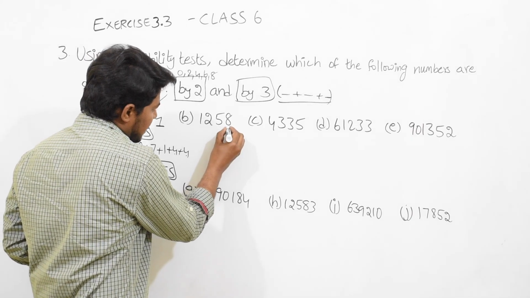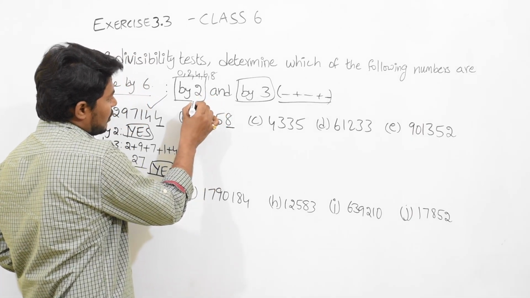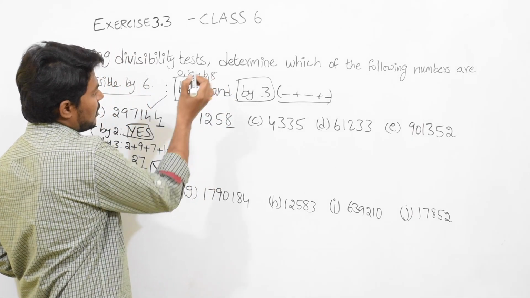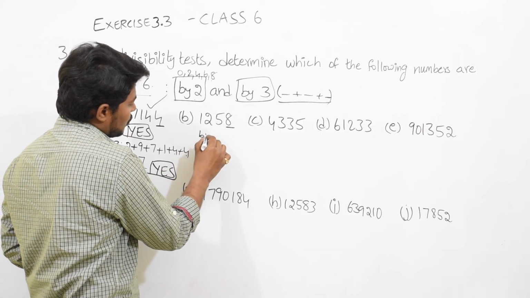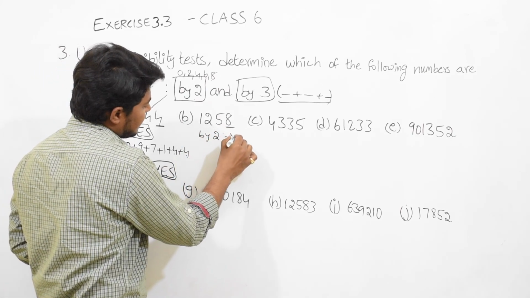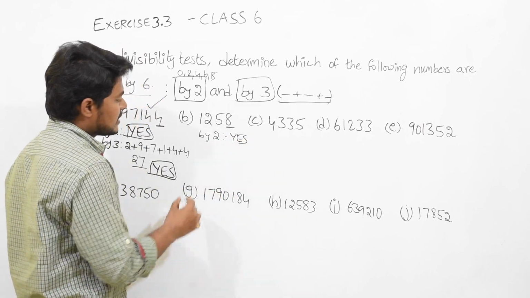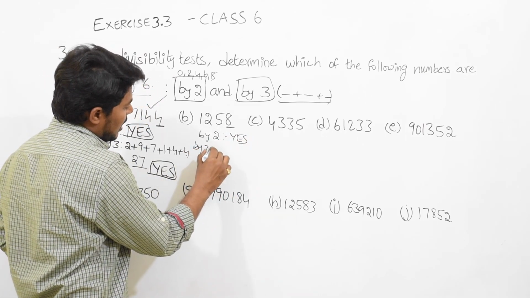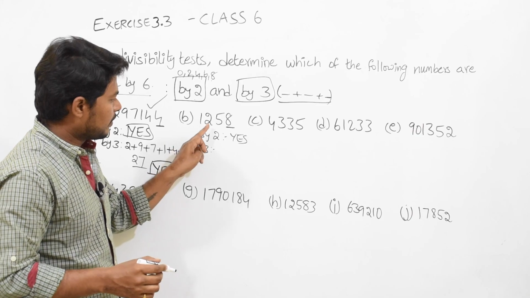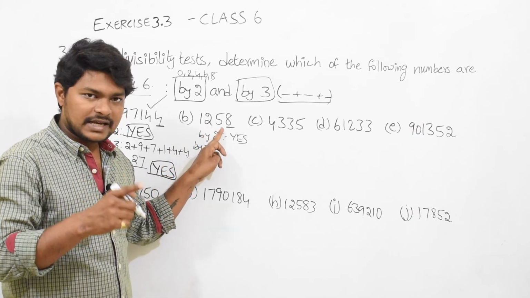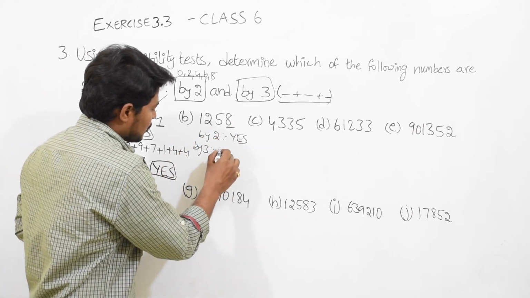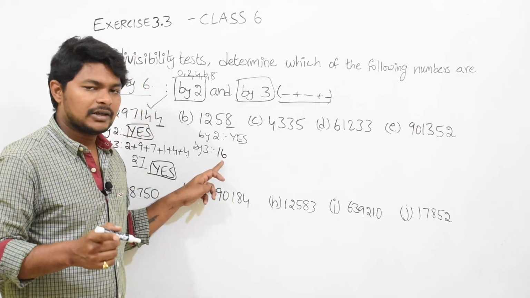See, the last digit is 8. When it wants to be divisible by 2, it should have one of those numbers. So 8 is okay, so by 2 it passed the test. By 2 is yes. Then by 3, I am directly writing this one. 1 plus 2 is 3, plus 5 is 8, plus 8 is 16. So is 16 in the 3 table?